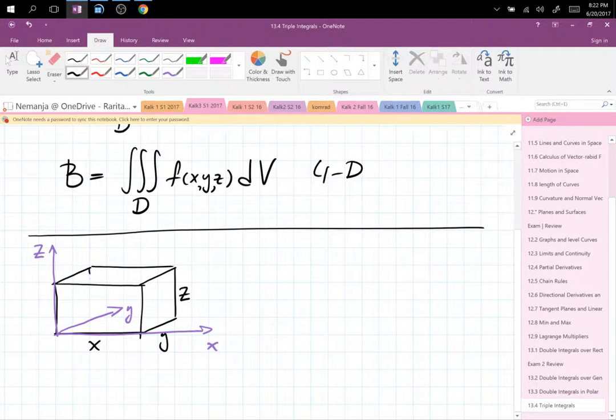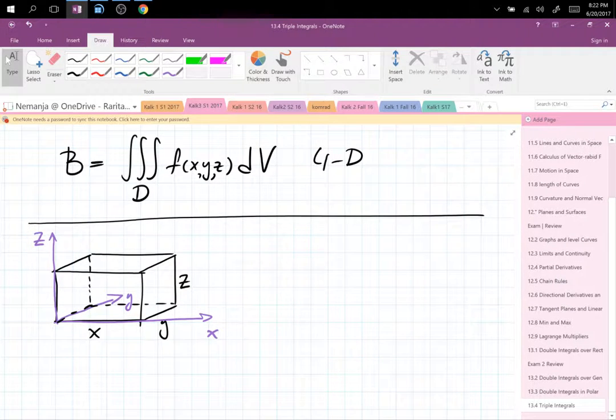So now when you look at this, let's say that's 5, that's 2, and that's 3.